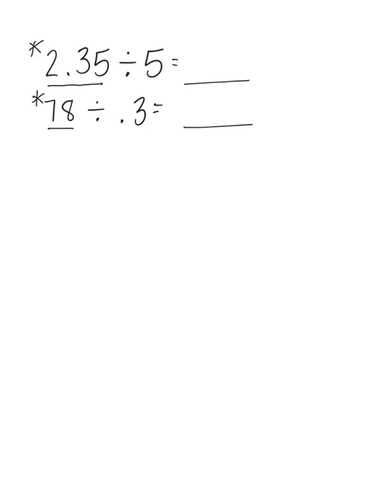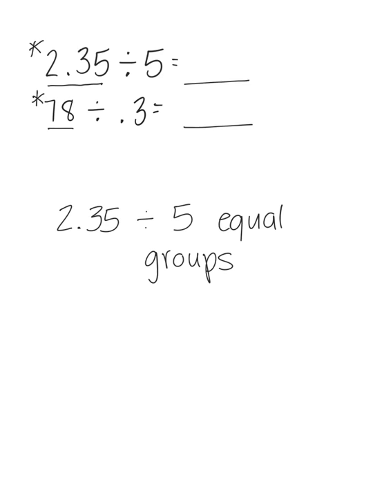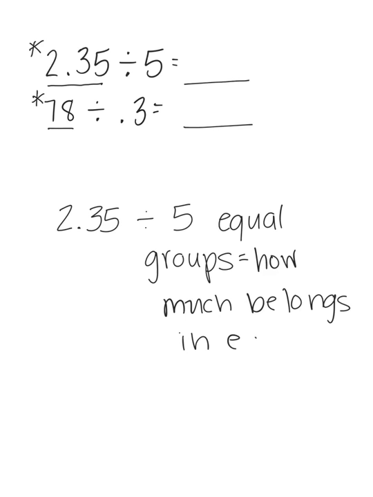Let's look at this first equation, 2 and 35 hundredths divided by 5. I'm taking 2 and 35 hundredths and dividing them into 5 equal groups, and what I'm determining is how much belongs in each group.